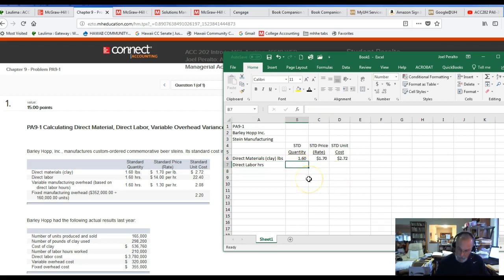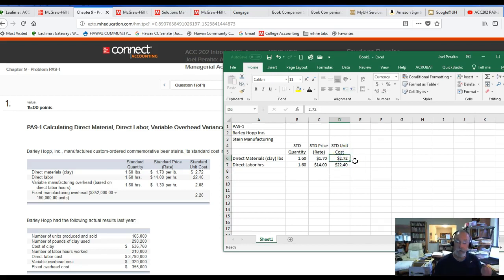Our standard hours time to make these steins is 1.6 hours. Standard rate would be $14 an hour. And again, if we multiplied 1.6 times 14, that would give us our standard unit cost of $22.40.